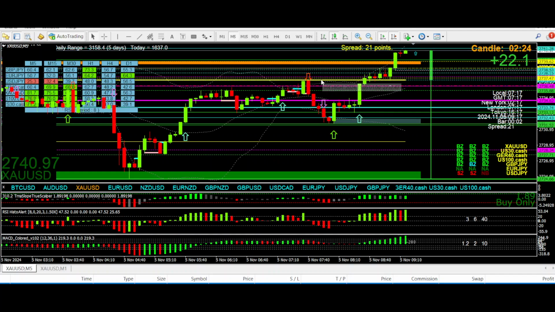This was good also because we've broken through the daily open, today's open. The TMT, I'm almost blind to that, but that tells us where the open was there.